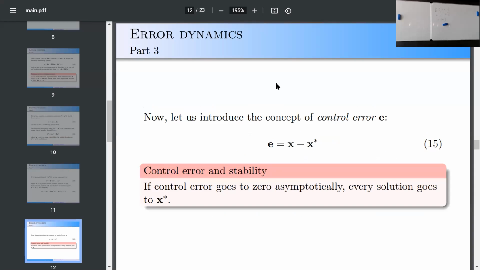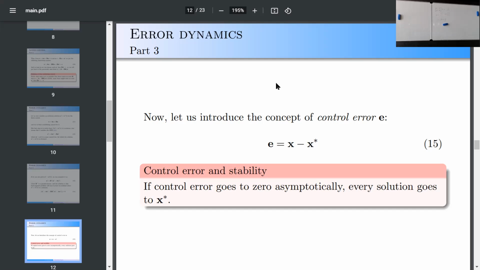Now we solved for u star, and the next step is a step that you're going to repeat again and again and again in all your derivations. So please, this is still a recap, but please pay attention. We introduce control error. Control error is a concept that allows us to go from any type of problem to the LTI problem of stabilizing the origin, so stabilizing zero.